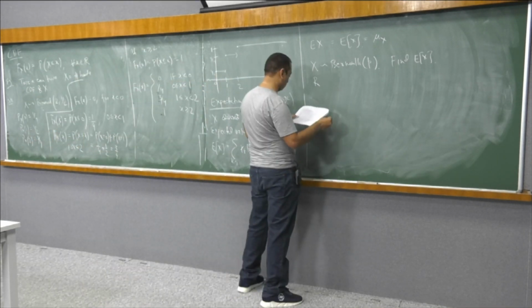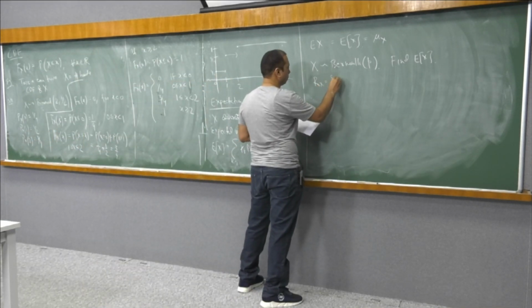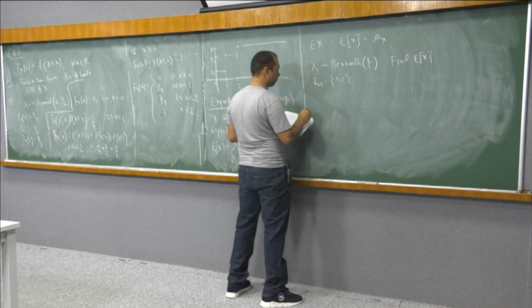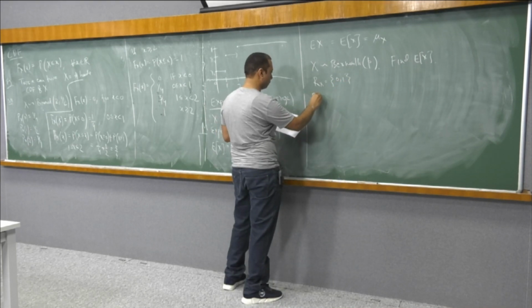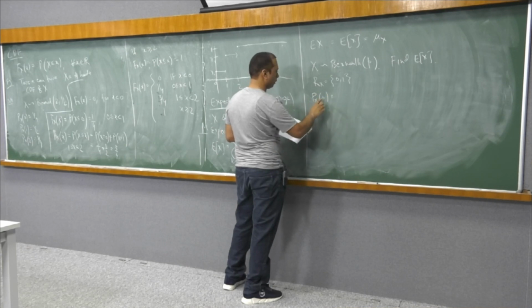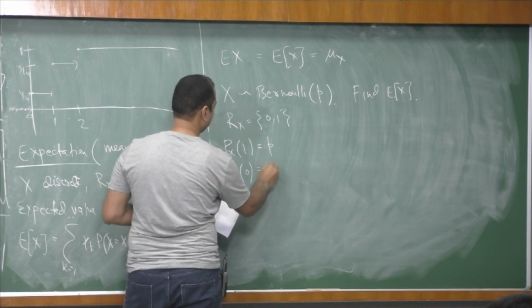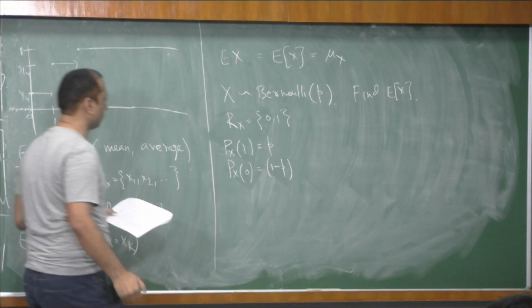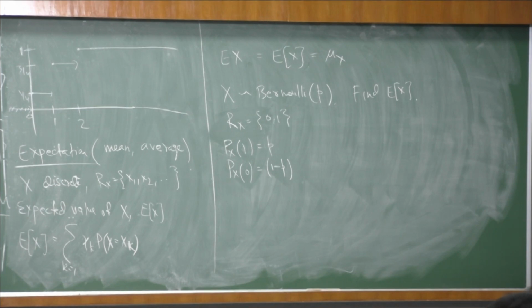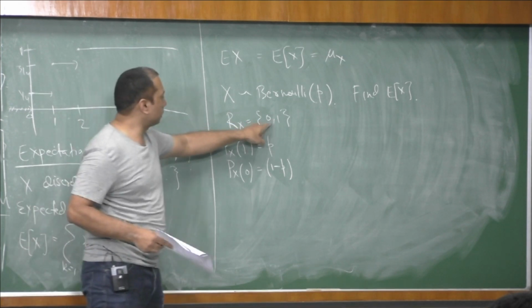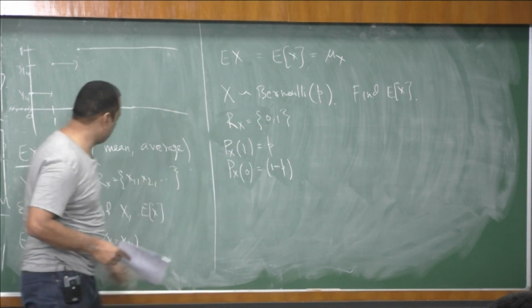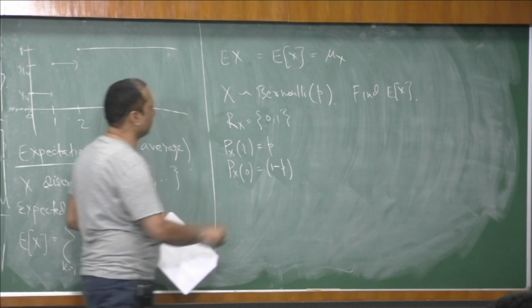So the range of X is {0, 1}, and the PMF of 1, that is head, is p, and P_X(0) is 1 minus p. These x values are known, and the PMF values are known for those values. We have to create this sum to get the expectation.